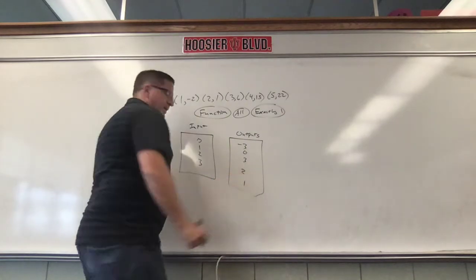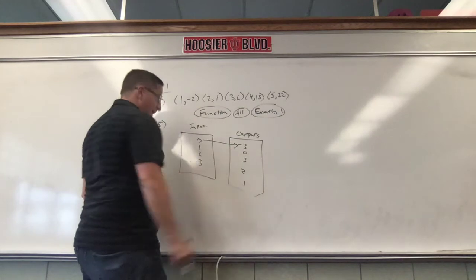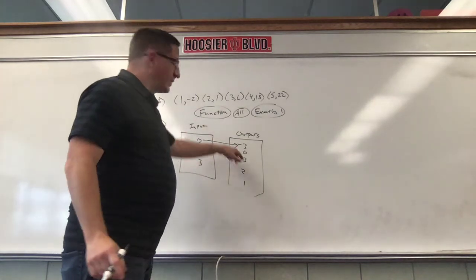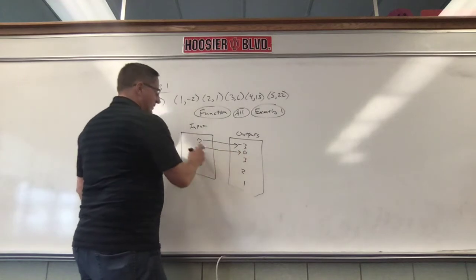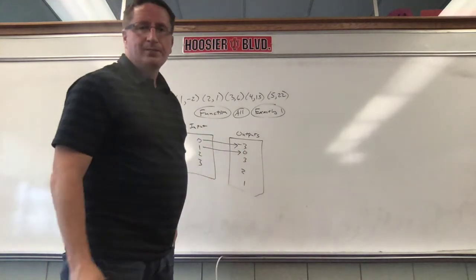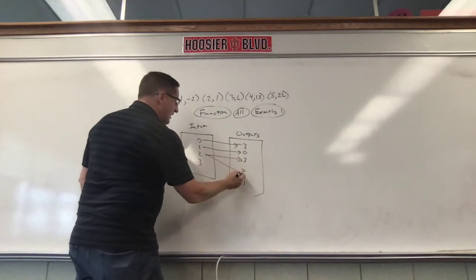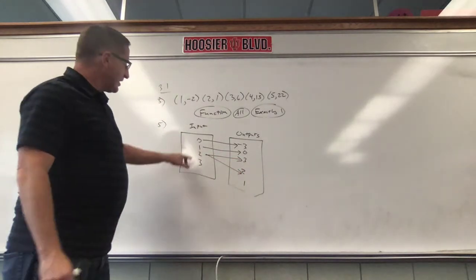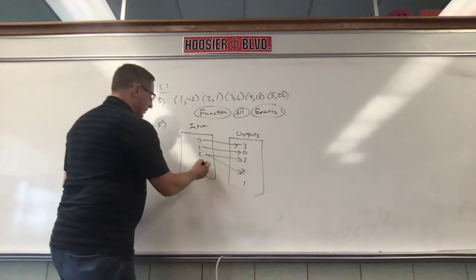Now they have a line from 0 to negative 3. That's good so far. This input has only one output. Then 1 is going to 0. That's good. That's the only thing 1 is paired up with. Then we have 2 going to 3 and to 2. That's no good. This input has 2 outputs, so it's not a function. The last one has 3 going to 1. It doesn't really matter.